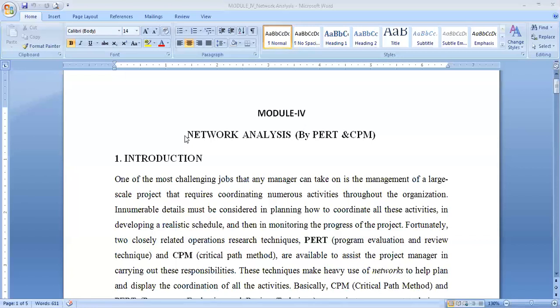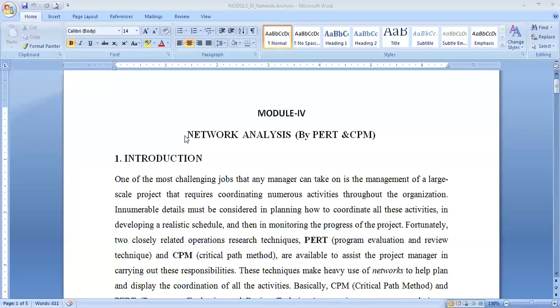A project has to be done at a particular location where it is required. One of the best examples for a project is the construction industry or the construction of a building. Say for example, suppose you are constructing a dam across a river, that dam has to be constructed at the identified location across the river.